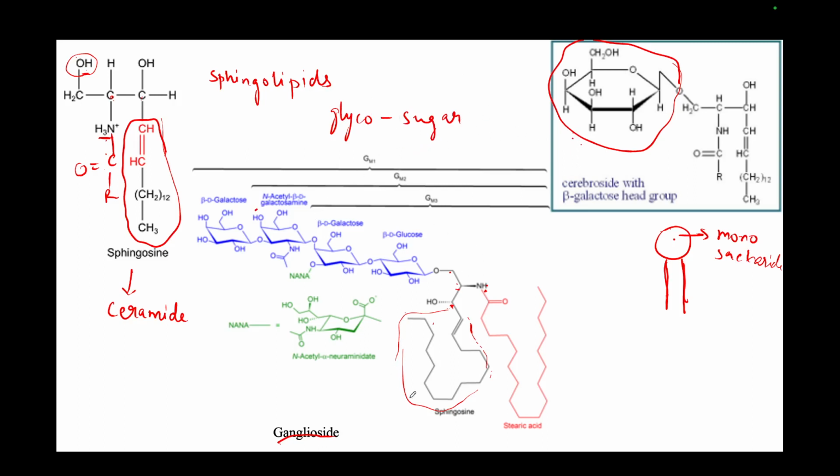The backbone structure is ceramide. Ceramide has a fatty acid attached to the amino group of the sphingosine. See here, this is sphingosine.